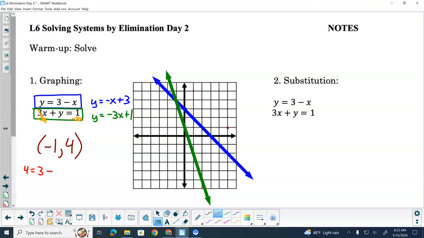One. 3 minus, okay, negative 1. What is 3 minus negative 1?